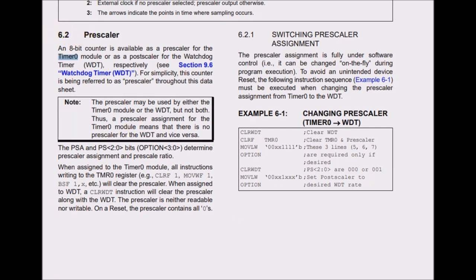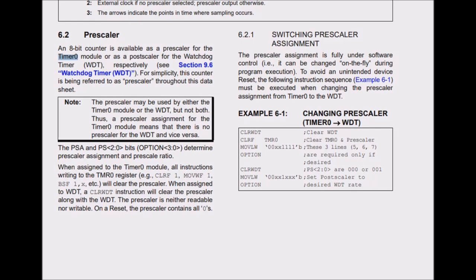6.2 Prescaler. An 8-bit counter is available as a prescaler for the Timer0 module or as a postscaler for the Watchdog Timer, WDT, respectively. See section 9.6 Watchdog Timer. For simplicity, this counter is being referred to as prescaler throughout this data sheet.